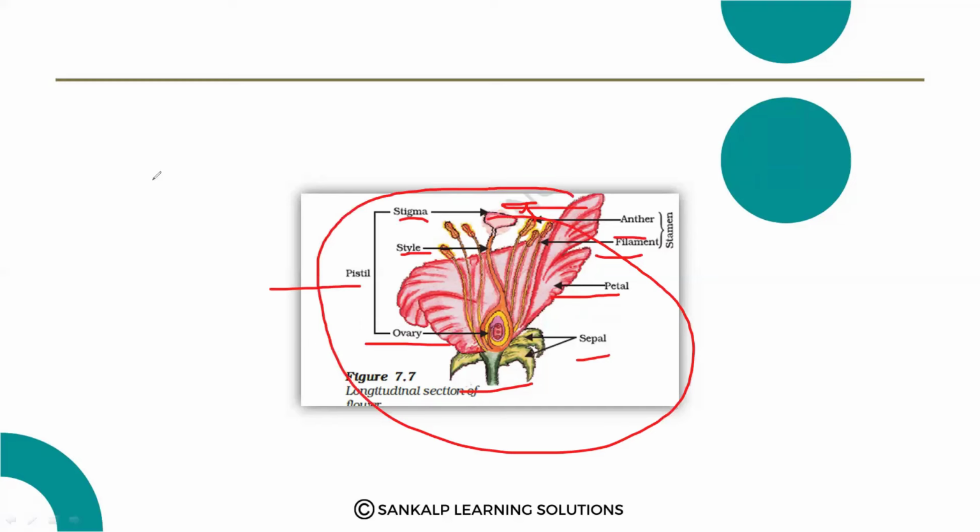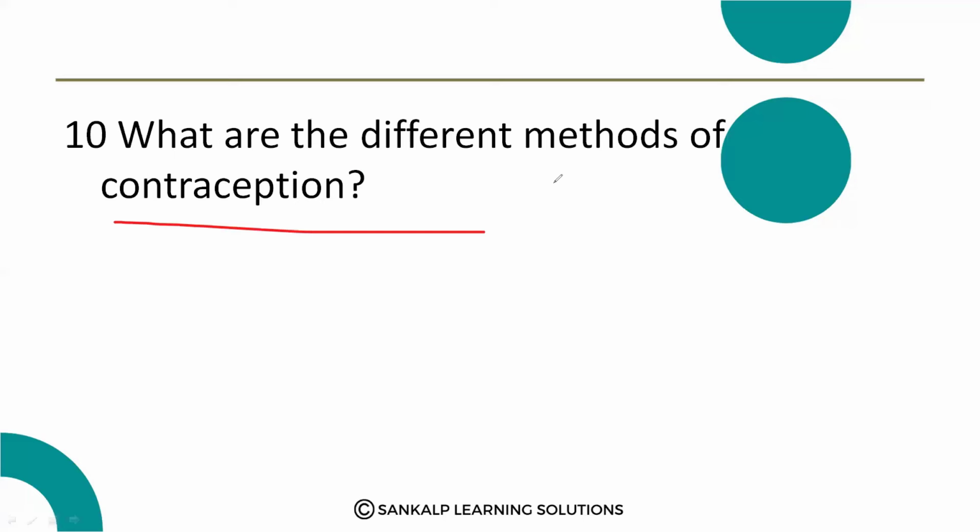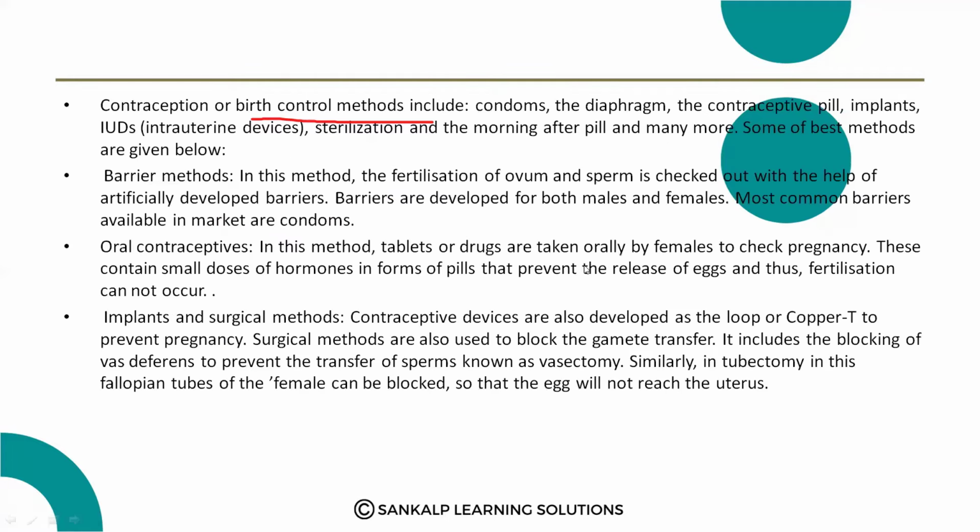Next question. How does the mode of reproduction differ in unicellular and multicellular organisms? In unicellular organisms, you can observe asexual reproduction like fission and budding.